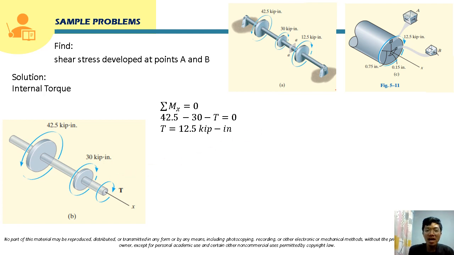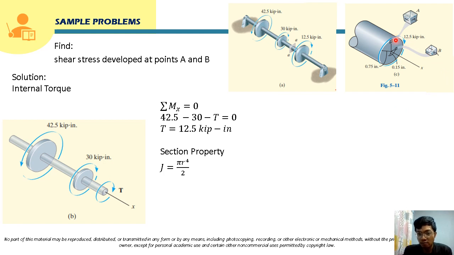From here, we can now proceed to solving the section property, which is the polar moment of inertia, J, and that is equal to pi r to the fourth over 2. This is a solid circular shaft.